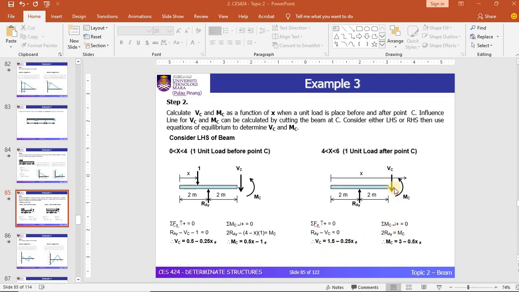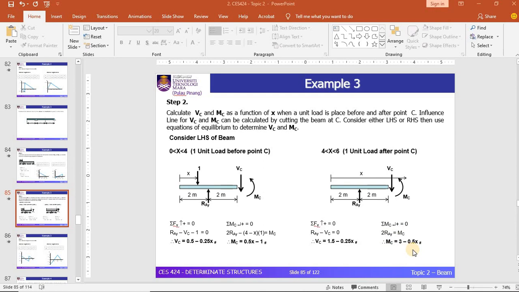For the moment, by taking moment about point C, we have RA1 multiplied by 2, and the equation of moment is MC equal to 3 minus 0.5x.